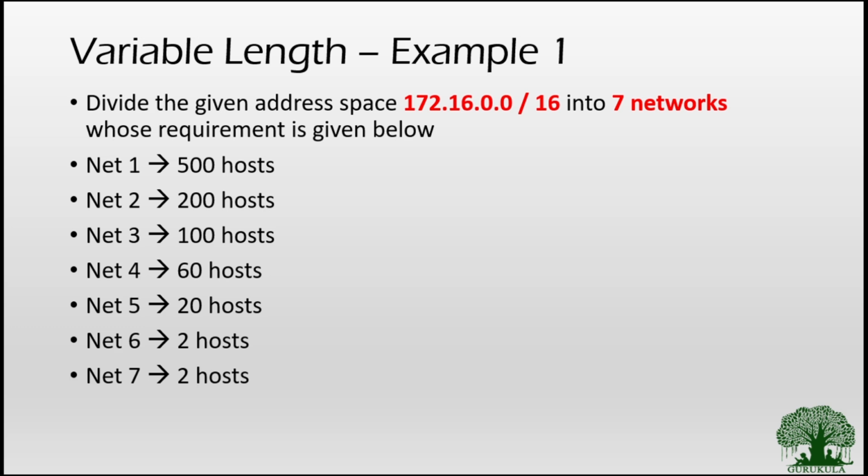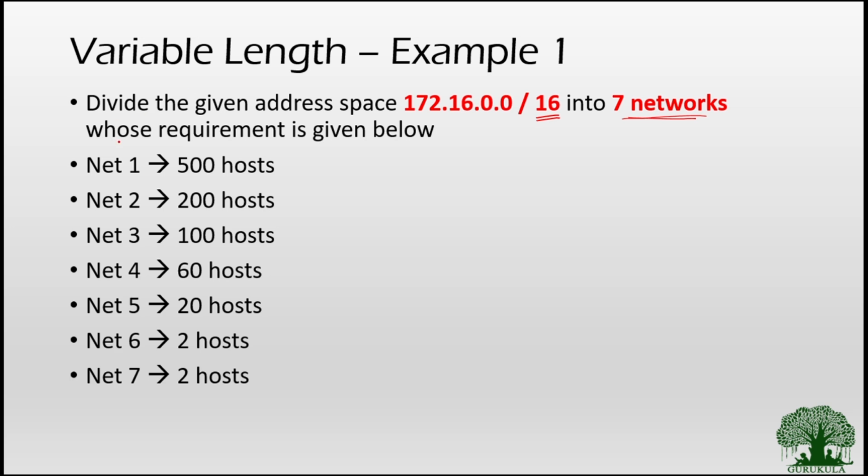Let us take an example to understand how exactly variable length subnetting works. The given question is, you are expected to divide the given address space, that is 172.16.0.0/16. The /16 represents that it is a class B address, and we very well know that no subnetting is performed in this class of IP addresses.